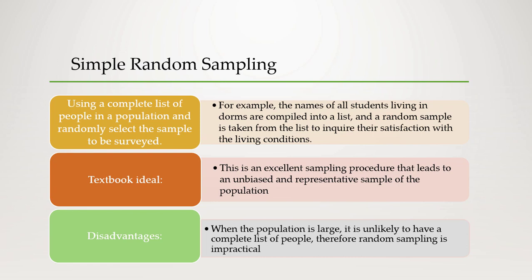So why don't we see this used that often in research studies? Well, the biggest problem is that it's very unlikely that we have access to a complete list of all individuals in the population. So random sampling is good, but impractical.